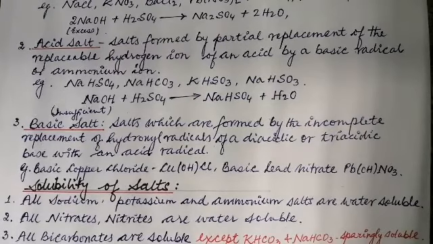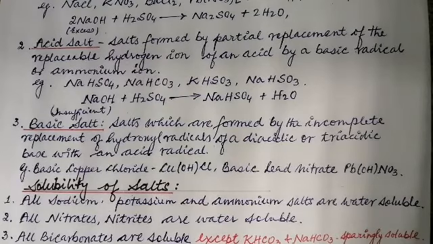For example, if you react sodium hydroxide with sulfuric acid, of course you've taken insufficient sodium hydroxide and more, in excess, sulfuric acid, then you get an acid salt, and that is sodium hydrogen sulfate, and water is formed.